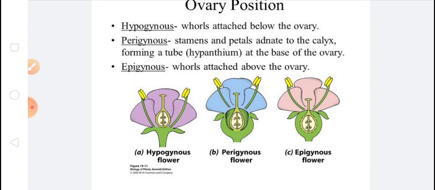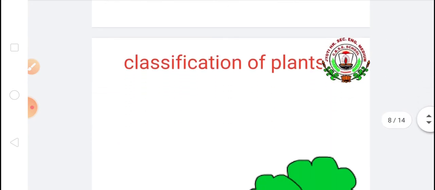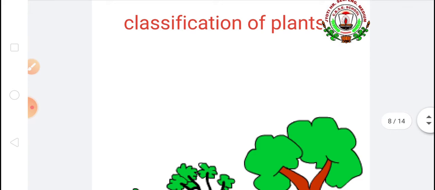If you have a hand lens, you can observe it at home and try to answer questions like how many chambers are there in the ovary. First cut the ovary vertically and count the chambers present in the ovary. How many ovules are present in the ovary? That much you have to observe. In this way, we come to the end of the lesson.